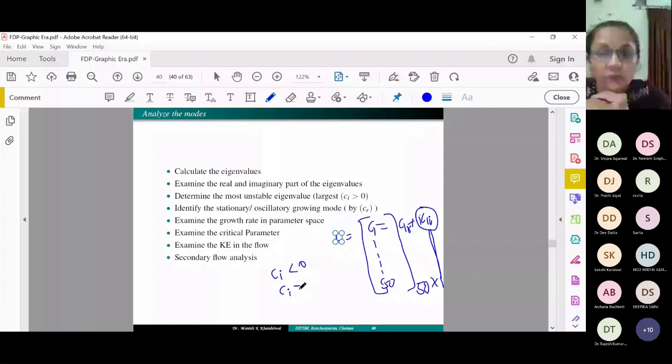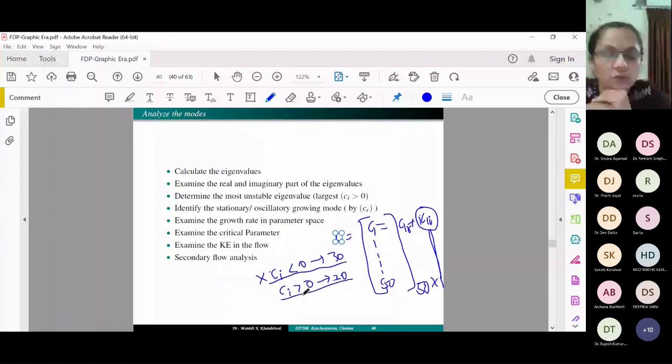For the 30 eigenvalues with Ci less than 0, the flow is going to be stable, and we are not concerned with those. We only look at which eigenvalues have an imaginary part greater than 0.